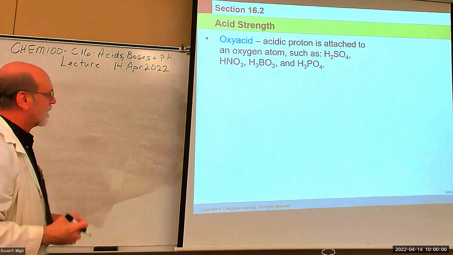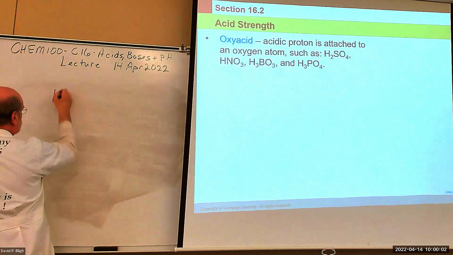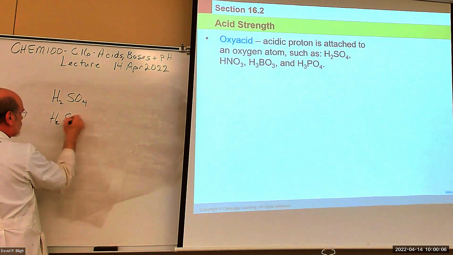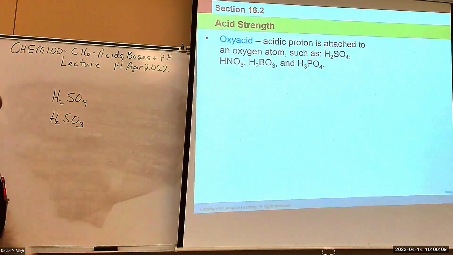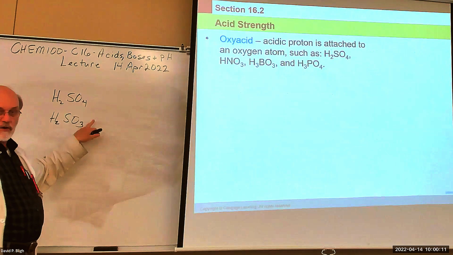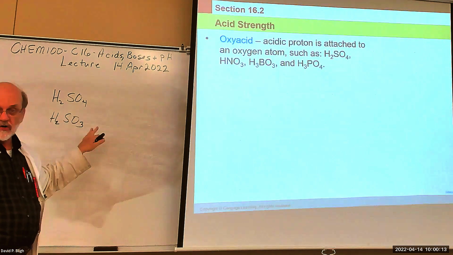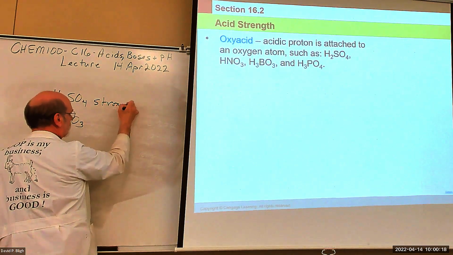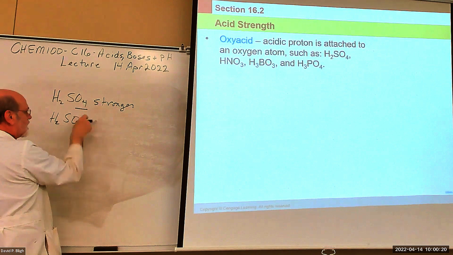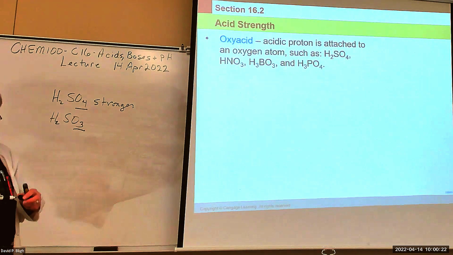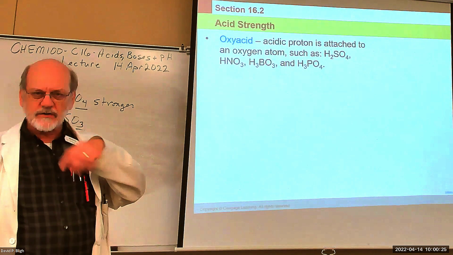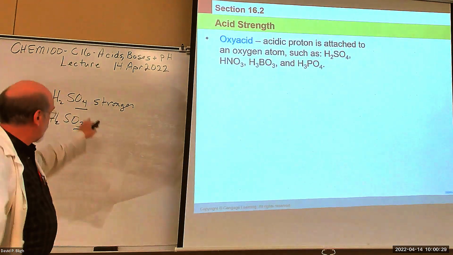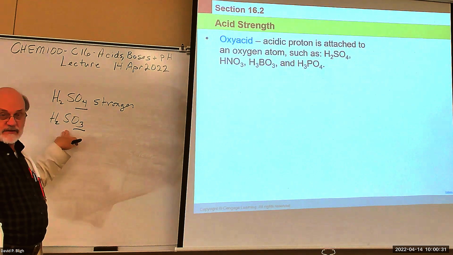Right, so we can have, for instance, H2SO4. We can also have H2SO3. Right? Sulfuric acid, sulfurous acid. Which one's stronger? This one is stronger because it has more oxygens. Now, I'm not going to try to explain why that is. It just is. More oxygens makes the stronger acid. This is actually a weak acid.